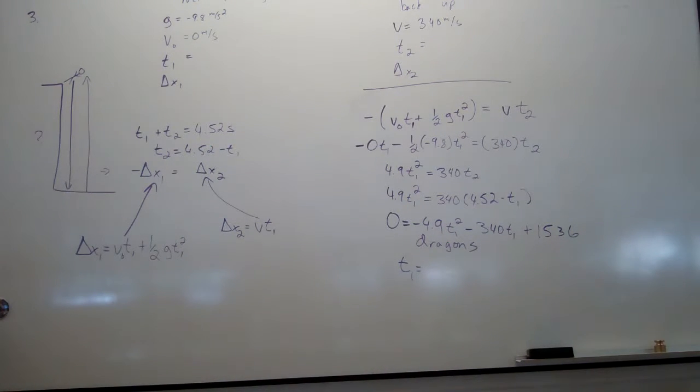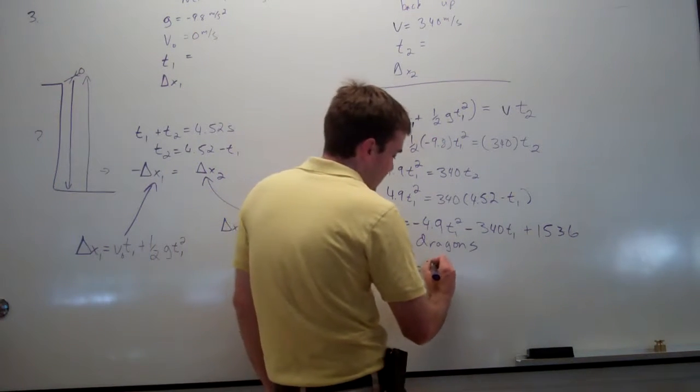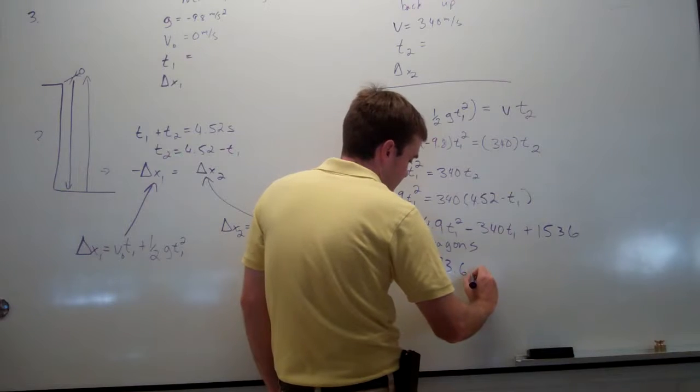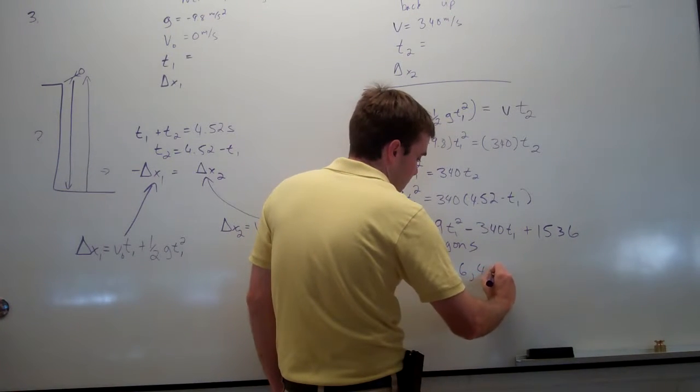Just Google how to program it into your calculator. I've got a big old fraction. I got it. Negative 73.6 or 4.3. Are we just going with one decimal place?